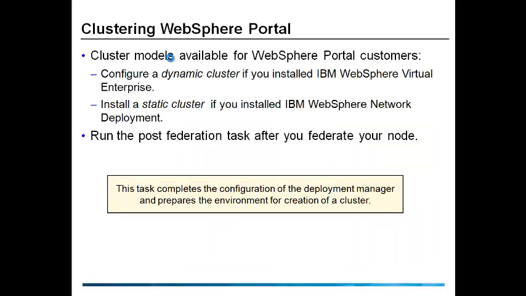And clustering the WebSphere Portal. Cluster models available for WebSphere Portal customers. There are two types of clusters: dynamic cluster and static cluster. A static cluster is something which we will really talk about always, and a dynamic cluster is something which loads the nodes automatically based on the peak of the requests.